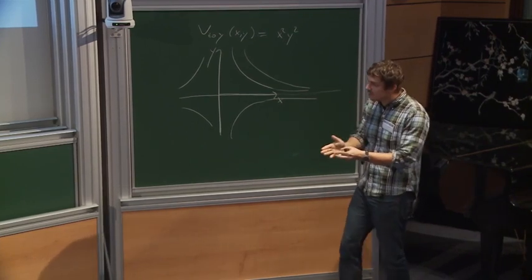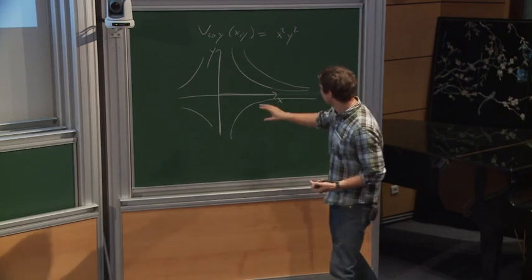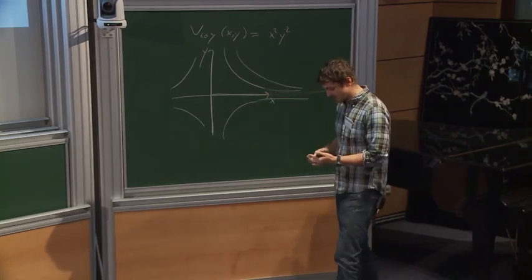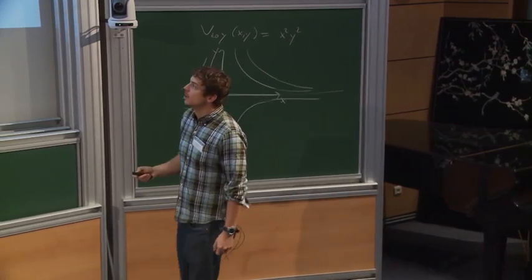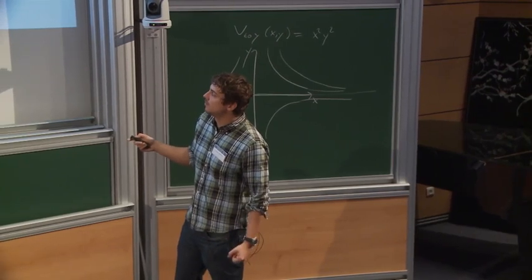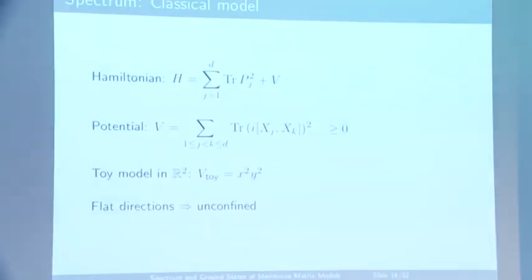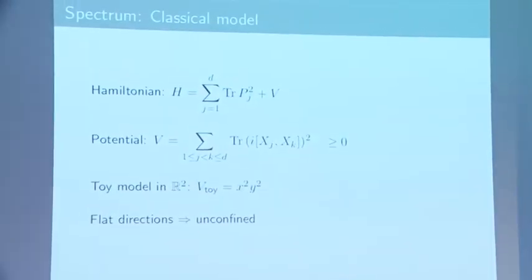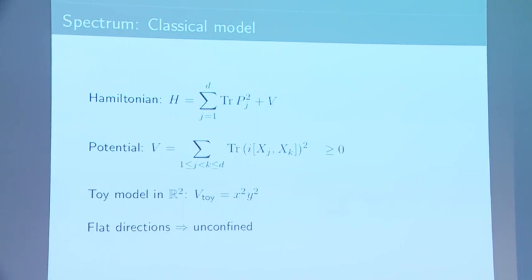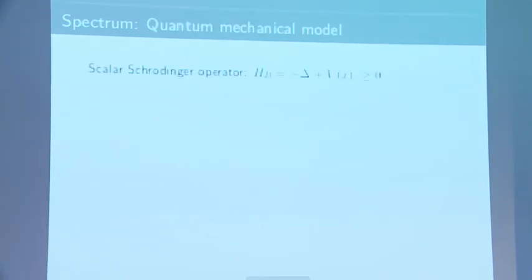So because of this narrowing, it turns out that there's a difference on the quantum side. But if you just consider moving with a fixed energy in this potential well, then you can indeed escape in the well to infinity. So in this sense, it's an unconfined potential.